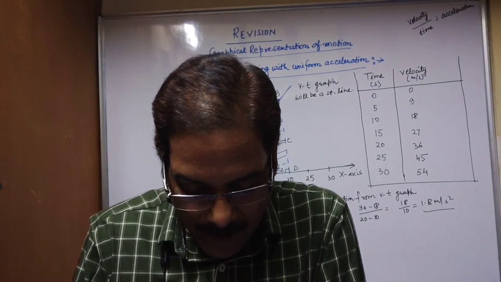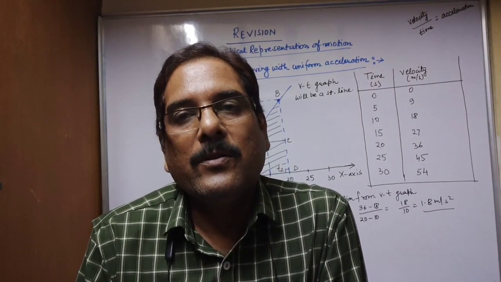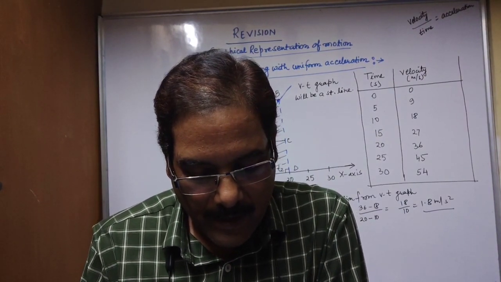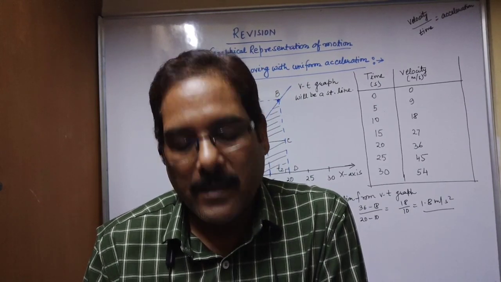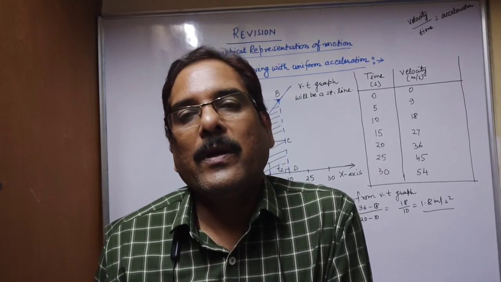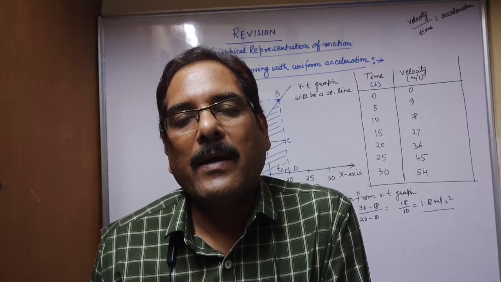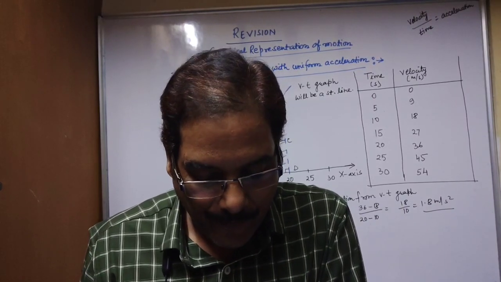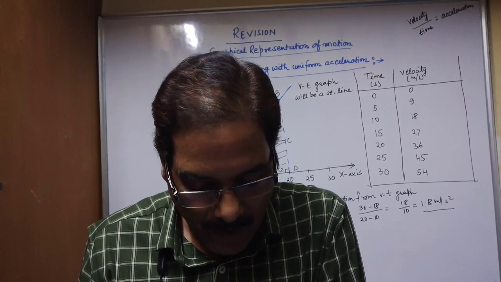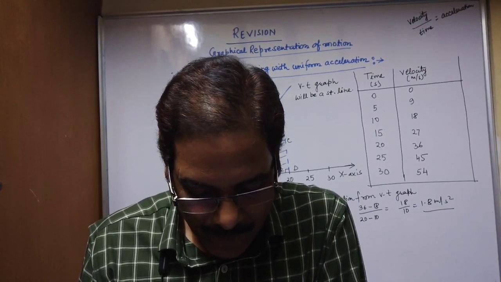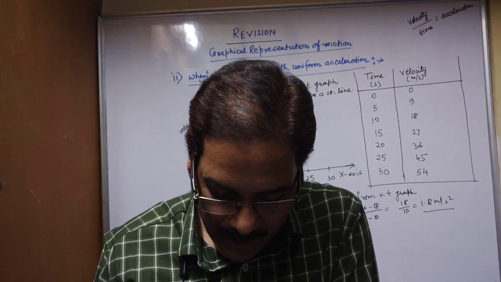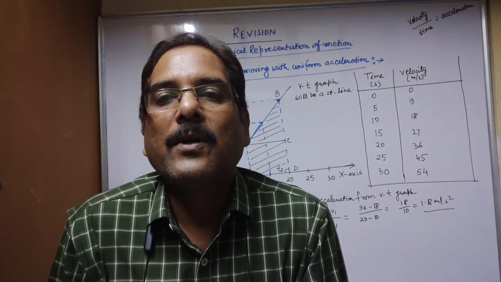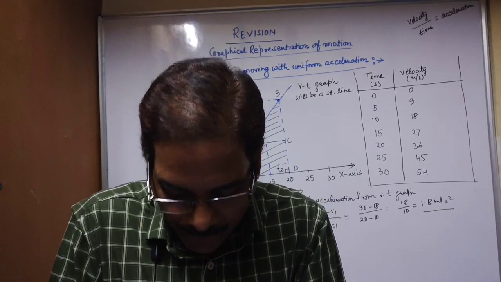It means the acceleration is not uniform. The velocity sometimes increases, sometimes decreases like this. So in case of non-uniform acceleration, you will get a zigzag graph, and the first one is for uniform retardation. So this is all about the different types of graphs and their uses.